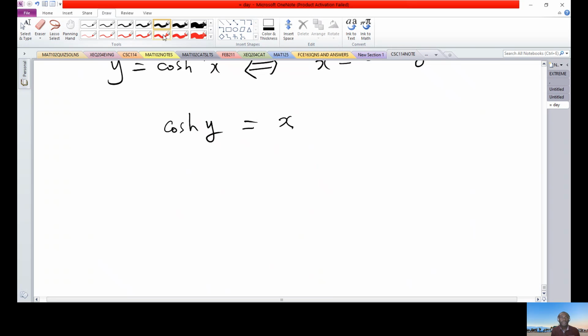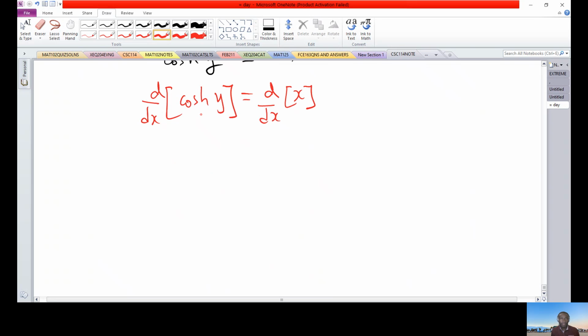So this new function without inverse, you now supply d/dx on both sides. So d/dx of hyperbolic cosine of y equals d/dx of x. Now when you differentiate hyperbolic cosine, you get hyperbolic sine, but you attach dy/dx because this y is a differentiable function of x.